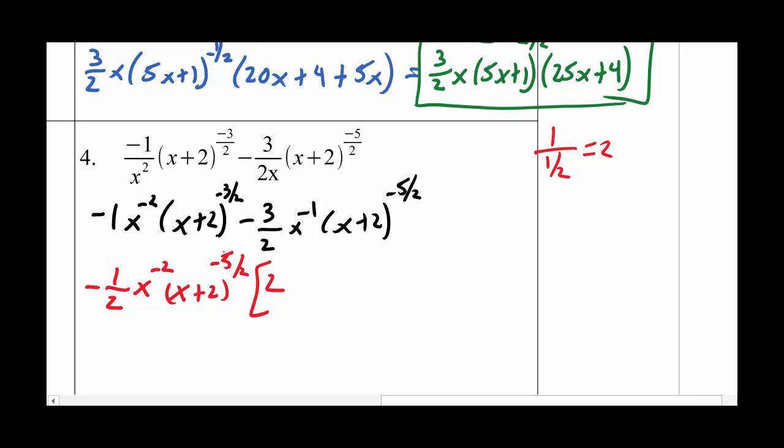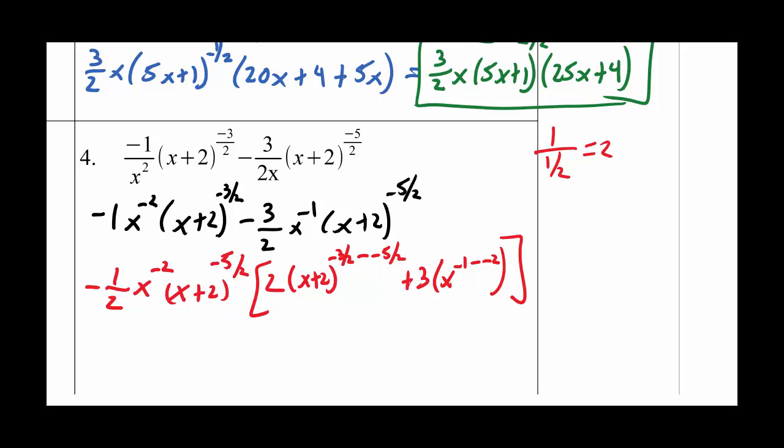Hopefully you at home are correcting me. Which means it's x plus 2 to the negative 3/2 minus a negative 5/2. Then I got a plus. Let's see, so we took out a half, so that leaves a 3 behind. Then we have x to the negative 1, subtract a negative 2. And that x plus 2 to the negative 5/2, that's what we actually took out.